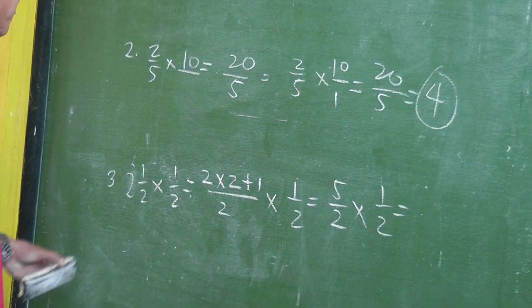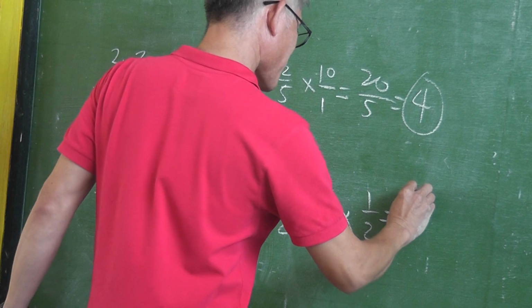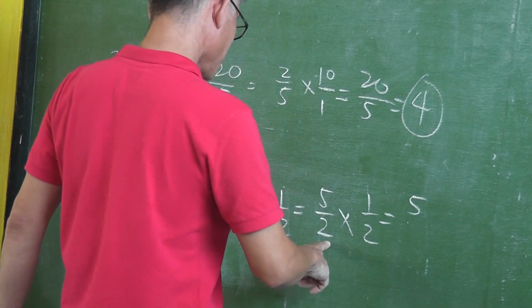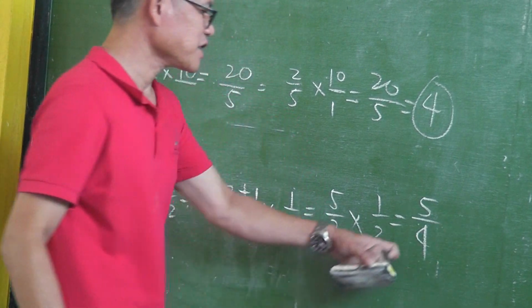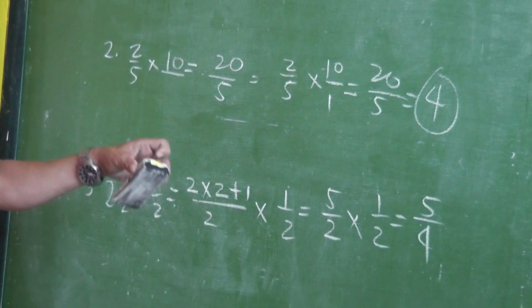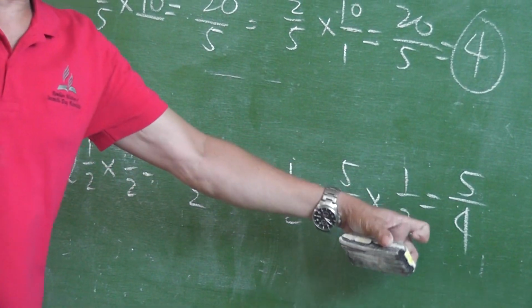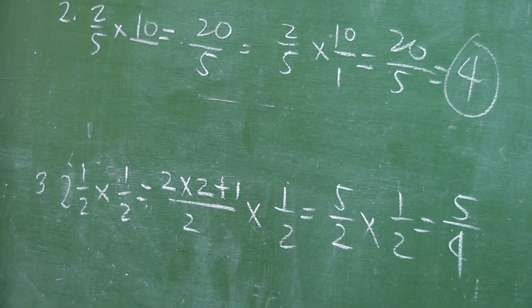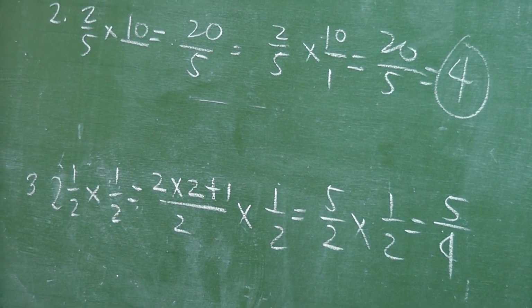5 times 1 is 5. And then 2 times 2 is 4. Our answer is 5 over 4, an improper fraction. So I told you a while ago that this is not a final answer, because most fractions are expressed in lowest term.